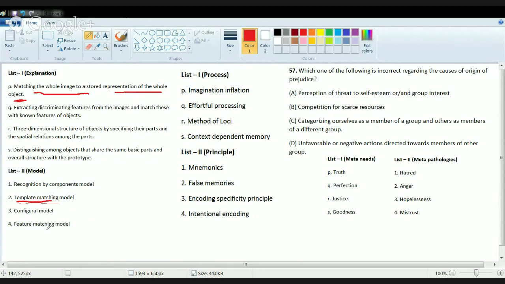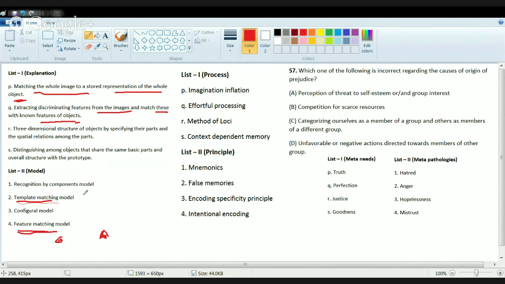Matching peacock to peacock is template matching. Feature matching is where I'm trying to extract features from the image and match them to the features of the object. For example, the beak of a bird is similar to the peak of a mountain. So I'm trying to match the features and they look similar. So you have feature matching clear, you have template matching clear.